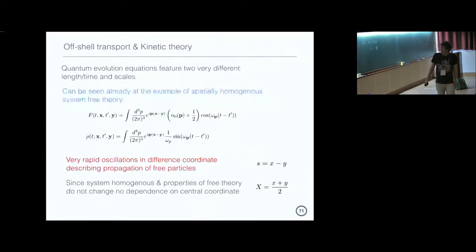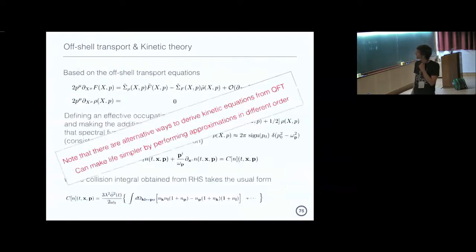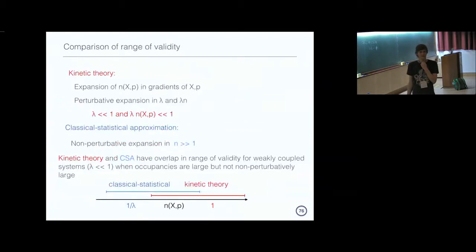Okay. Just wanted to say, in this way, it is easy to see the statement that you just made about the overlap. You had a proof of getting kinetic theory from the 2PI, and there is also a well-defined way to take the classical statistical limit of 2PI. So in this way, you can prove that these two are exactly the same.